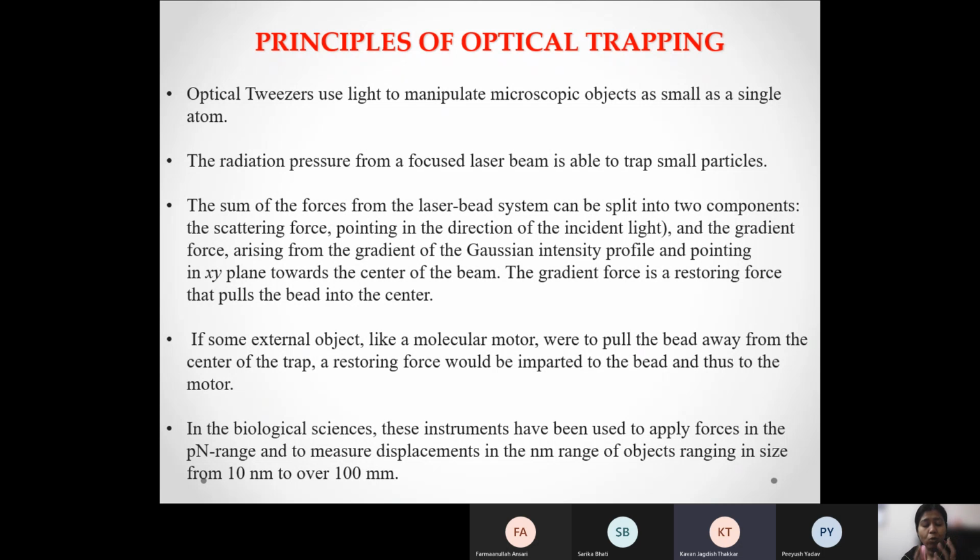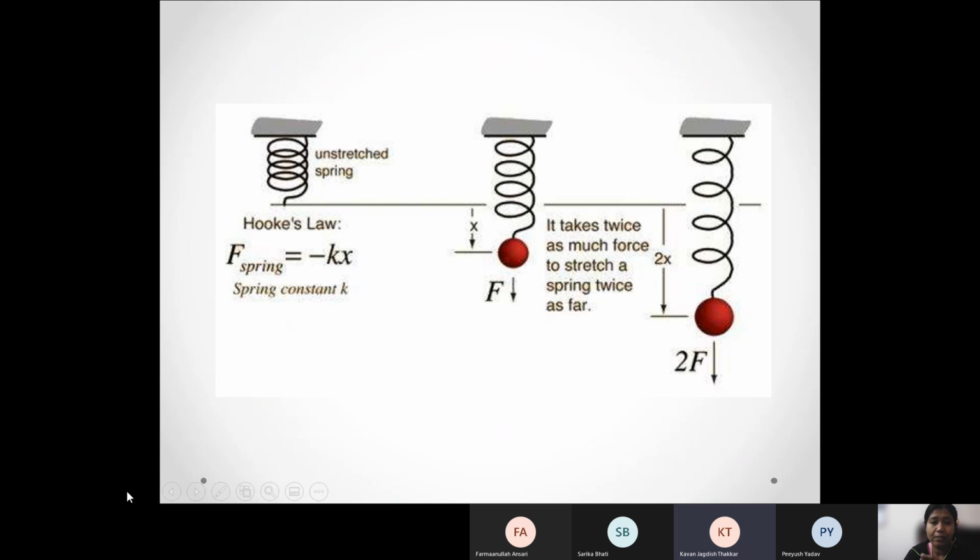Okay, so how much force, or what kind of force are we talking about? What is the value of this force that is acting on this bead? So the value comes in the range of piconewtons, and as we have seen repeatedly, the forces that act on a membrane when actin is polymerizing are of the order of piconewtons.